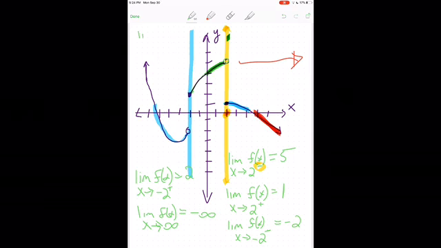And then the last limit, I'm doing it up in this top left corner, limit of f of x as x approaches negative infinity. Well, x approaches negative infinity is all the way to the left, right? So, well, this arrow is pointed to the left, and it's also pointed up, so we are going towards a positive infinity there. Okay, so this is just exploring limits graphically and just being able to read.